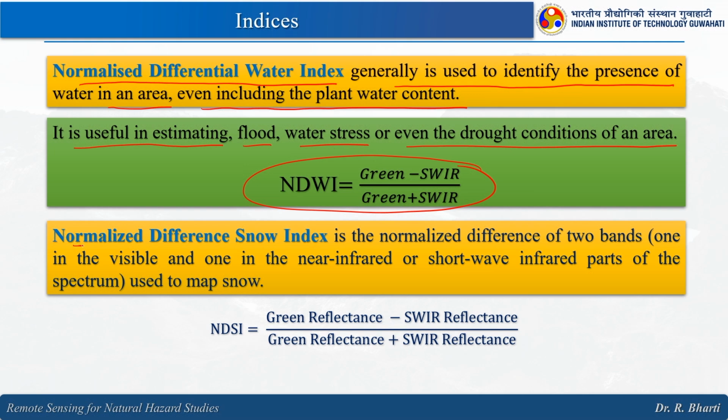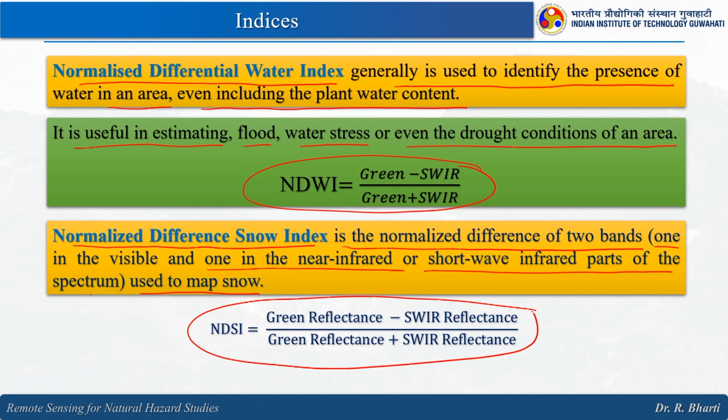Another example is the normalized difference snow index. It is the normalized difference of two bands, one in the visible and one in the near infrared or short wave infrared parts of the spectrum, used to map snow. Here we are using the green and SWIR bands to calculate this NDSI, the normalized difference snow index.